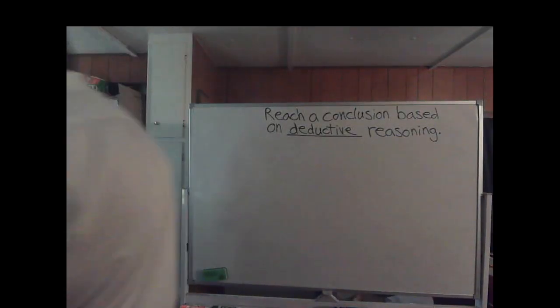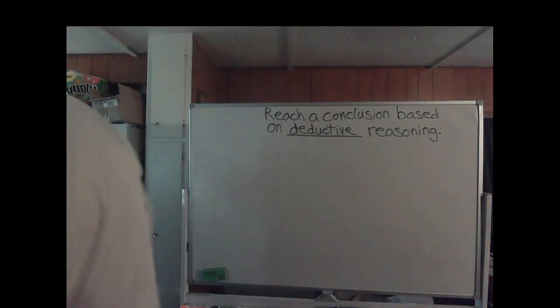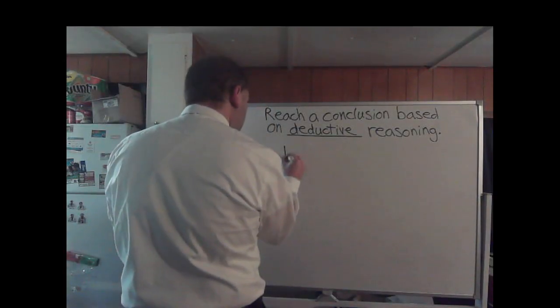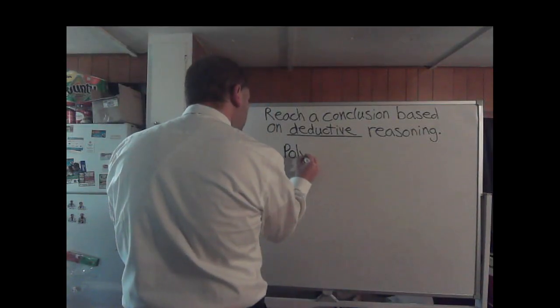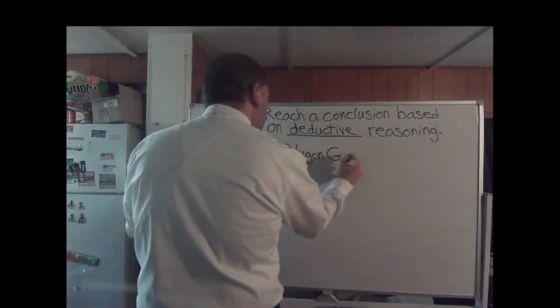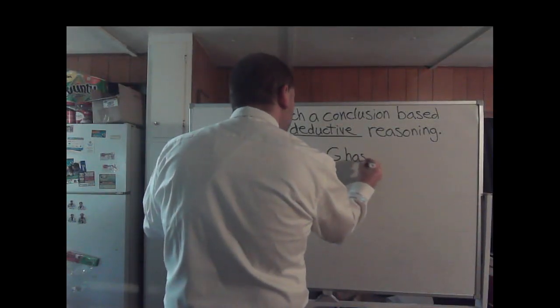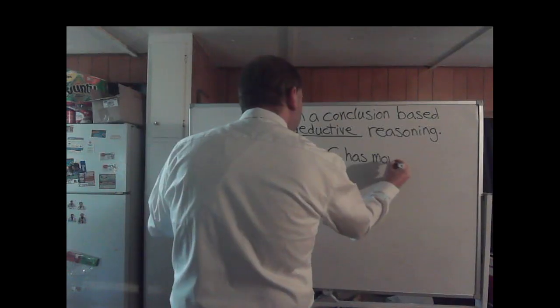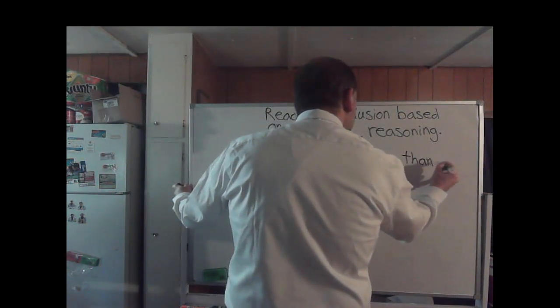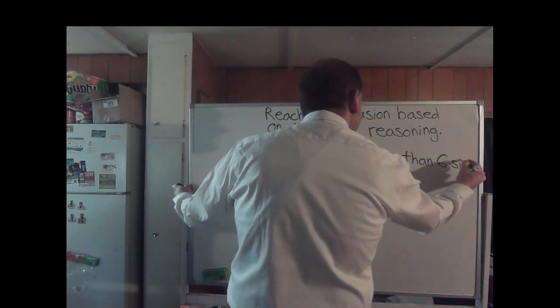Two more deductive statements, then we'll go to inductive reasoning. All right. Polygon G has more than 6 sides.